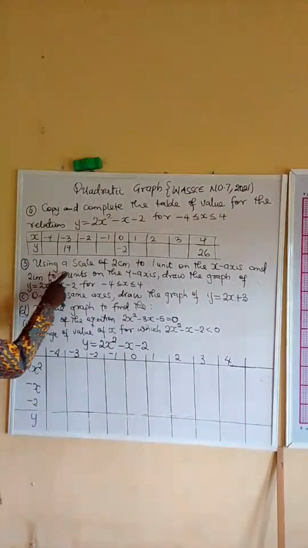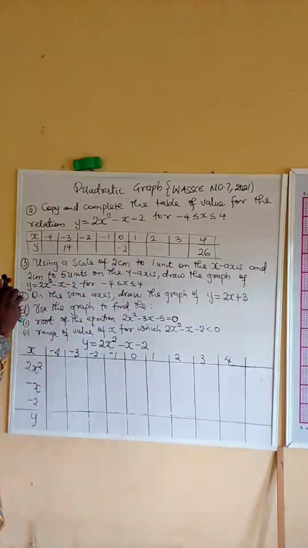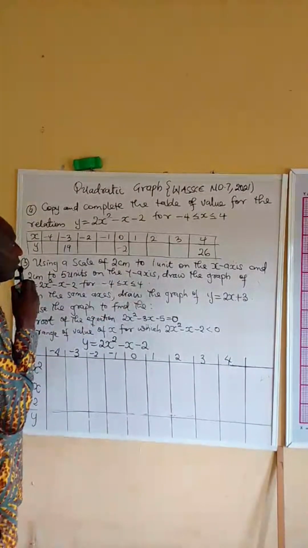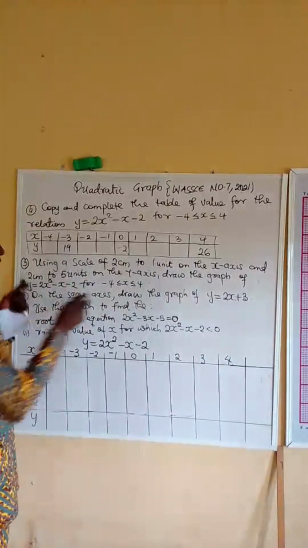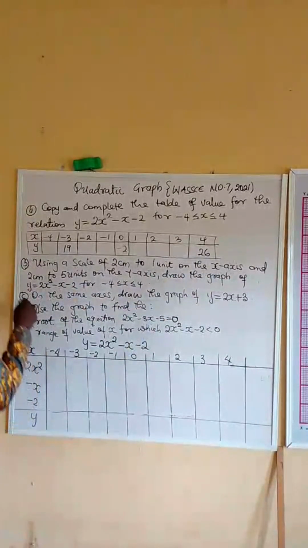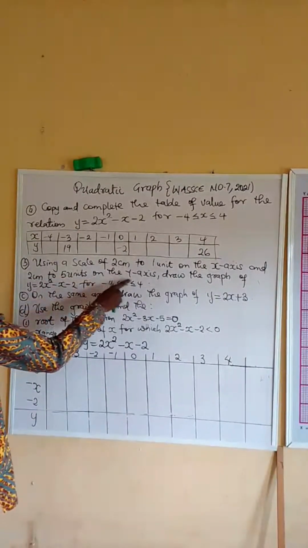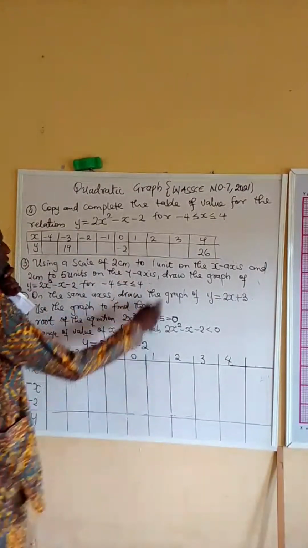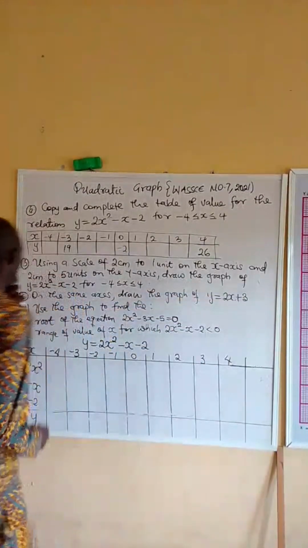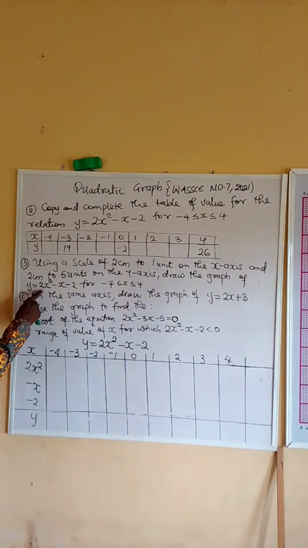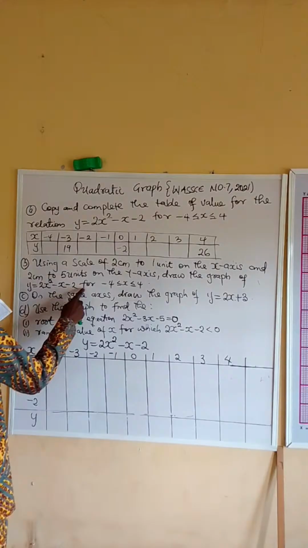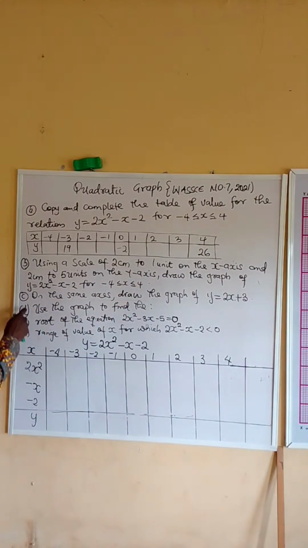B. Using a scale of 2 centimeters to 1 unit on the x-axis and 2 centimeters to 5 units on the y-axis, draw the graph of y equals 2x squared minus x minus 2 for the same relation, on the same axis.